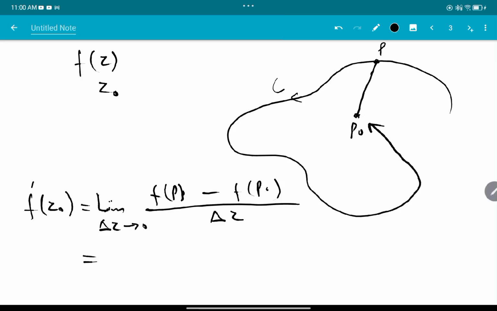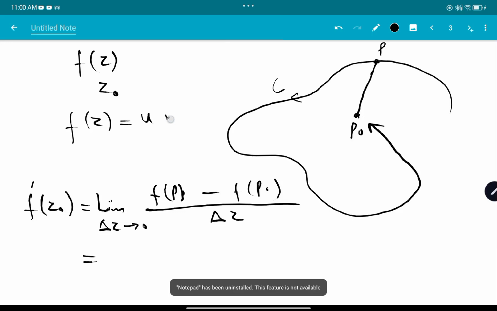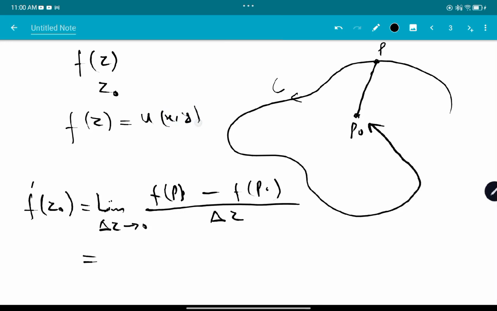Now the value of the function at point P. You know that the function f(z) is u(x,y) plus i v(x,y). That means there is a real part and an imaginary part.